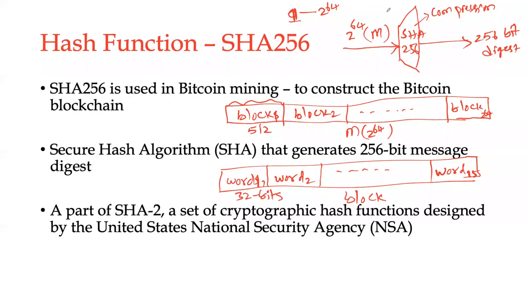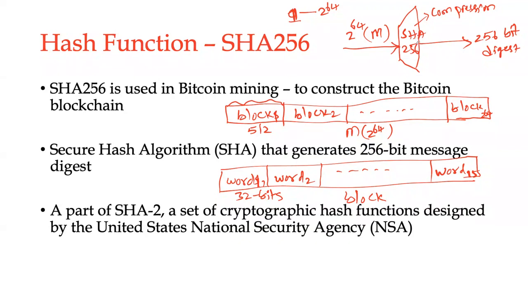The word size is 32 bits, and finally it gives a fixed length of 256 bits. Further, the compression function which we are using here, the SHA-256 compression function, processes each block.